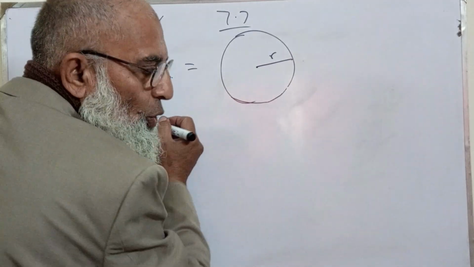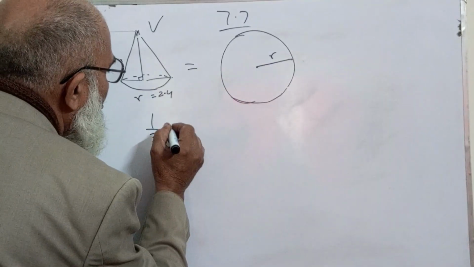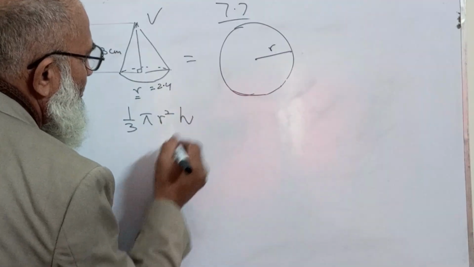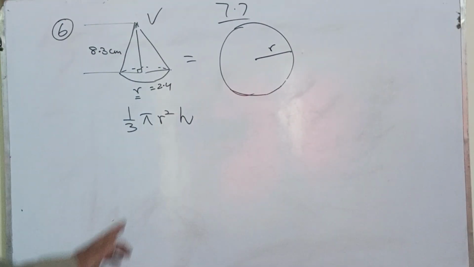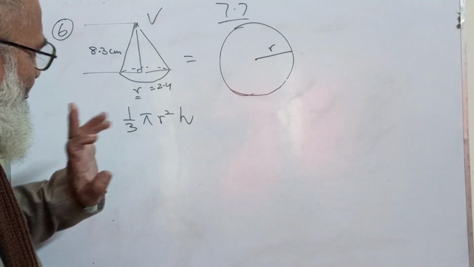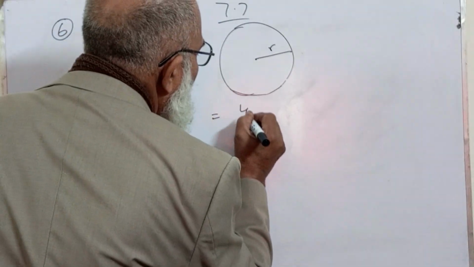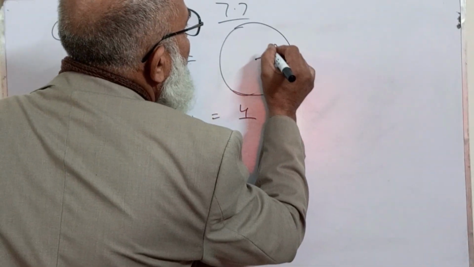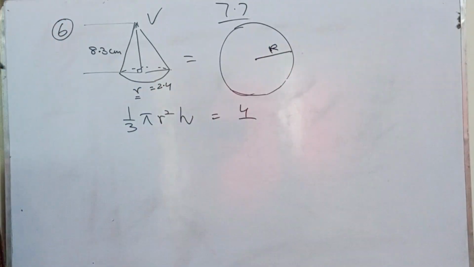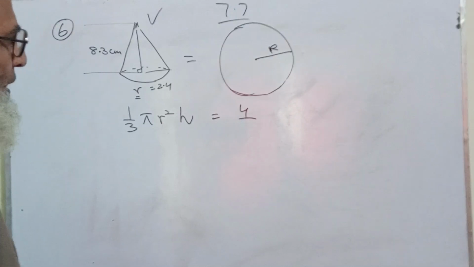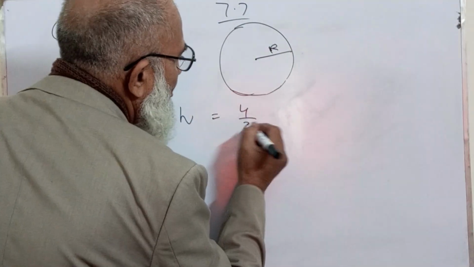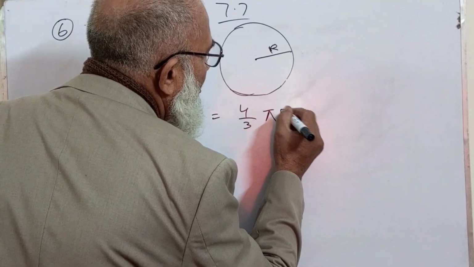This is 1 by 3 pi r square h, and this is equal to 4 by 3 pi r cube. This r may not be equal to this r. We don't know, since we have to find it.